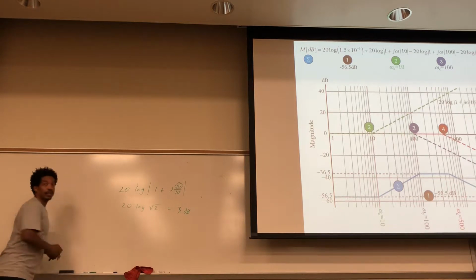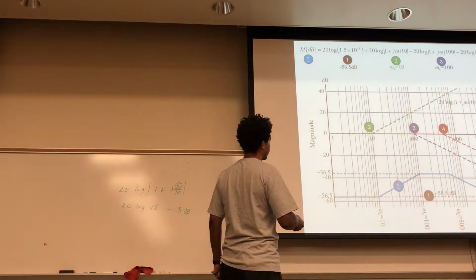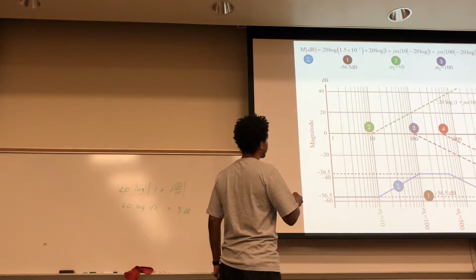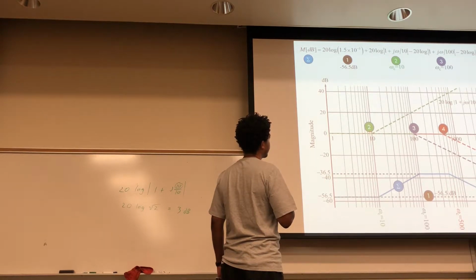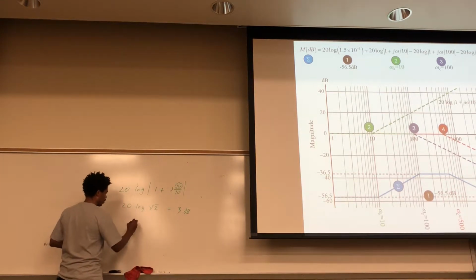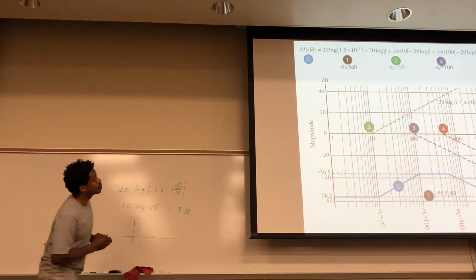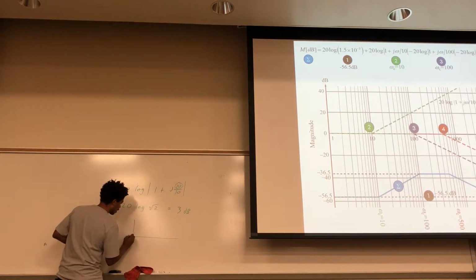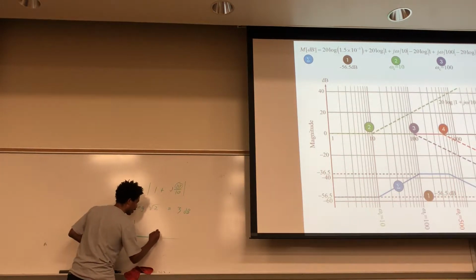Okay, so that means that at this inflection point, at a cutoff frequency of 10, that right there is going to be 3 decibels. So if you were to plot this out, you're going along this line, and then at this frequency right here, it starts going up like that.